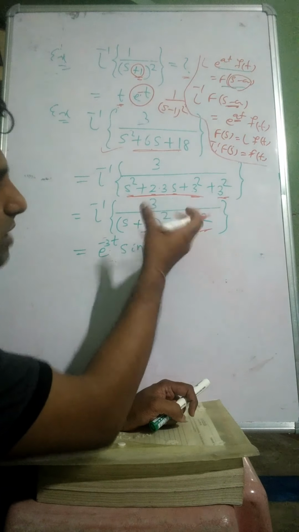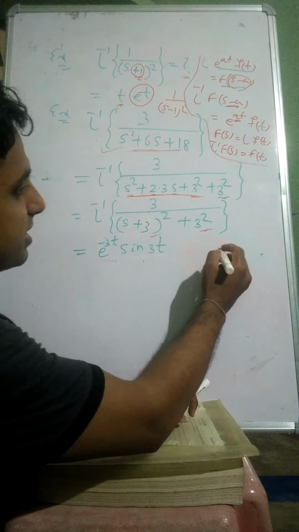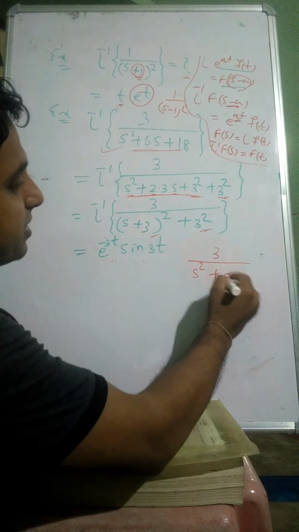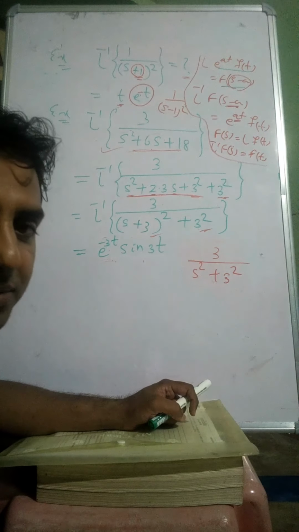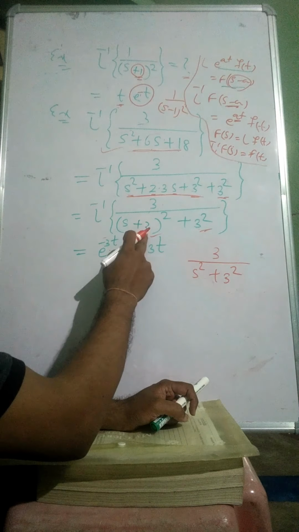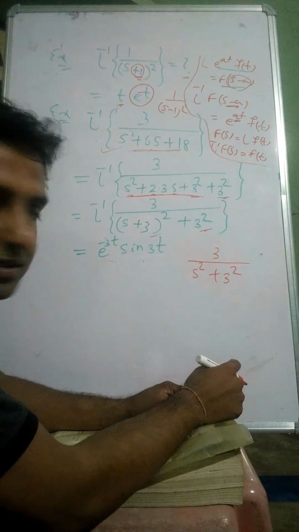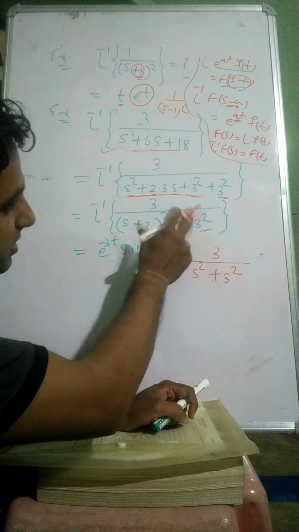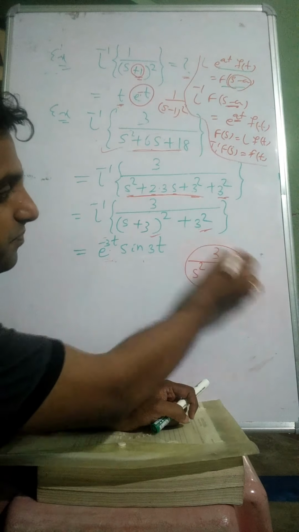Recall the formula: 3 by s square plus 3 square. It is like this, but in place of s, it is s plus 3. This is the only extra thing.